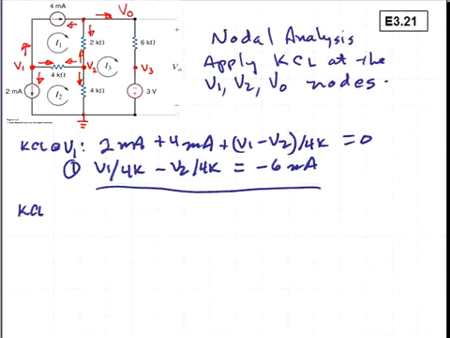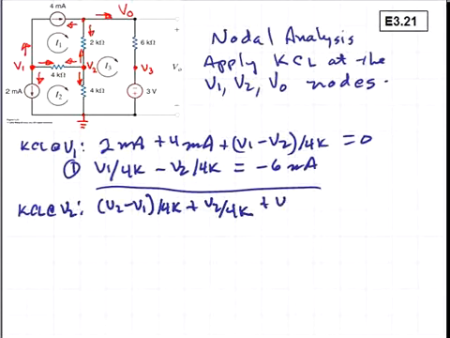Now we'll do a KCL at V2. We have V2 minus V1 divided by 4K plus V2 divided by 4K to the reference node plus V2 minus VO divided by 2K is equal to 0.